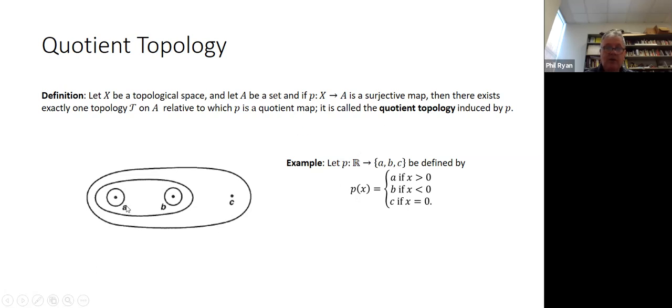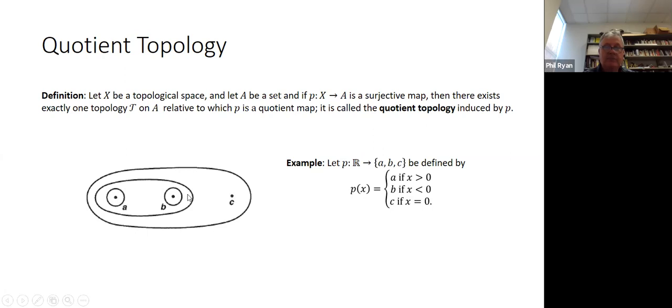Well, {A} is an open set, right? Because the pre-image of A is x greater than 0, which is open in R. {B} is an open set because x less than 0 is an open set. {C} is not an open set because x equals 0 is not an open set here.